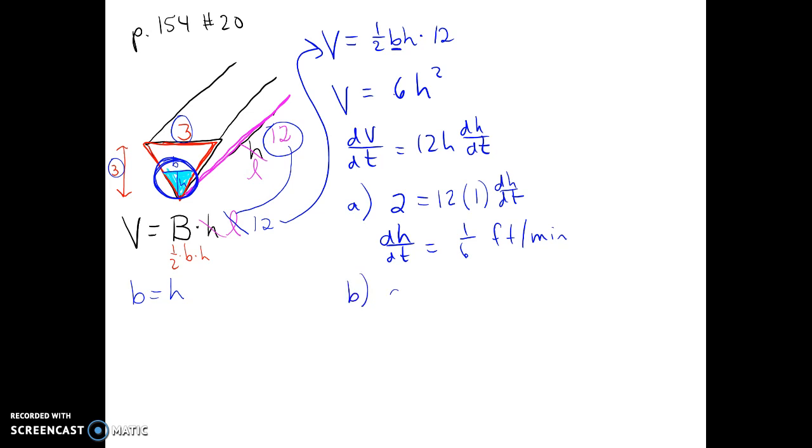Part B says that dH over dt is 3/8 inches per minute. And H is 2.